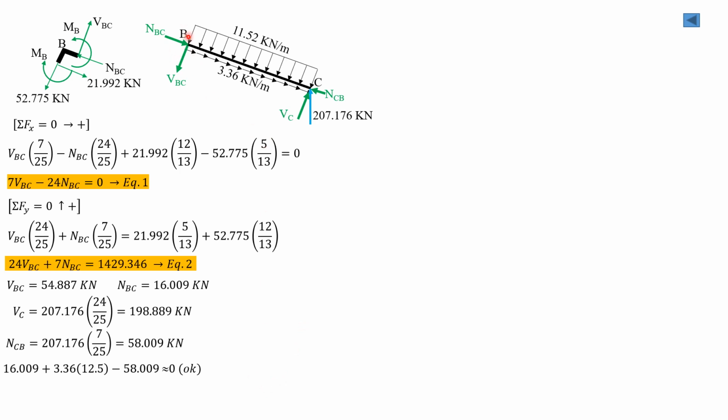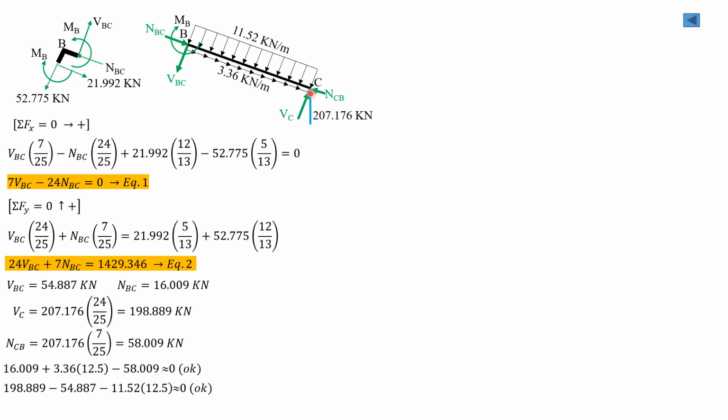Then for shear, VC, which is 198.889, then minus VBC, which is 54.887, minus 11.52 times 12.5 is also almost 0, so that checks. Let's check if moment at C is 0, which is expected.